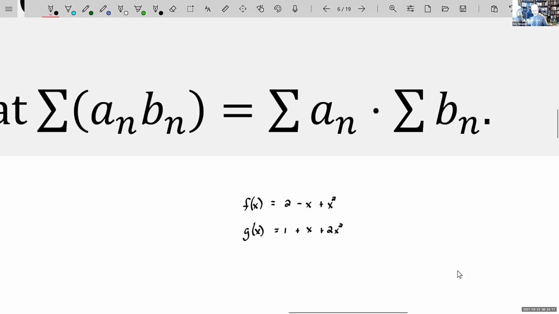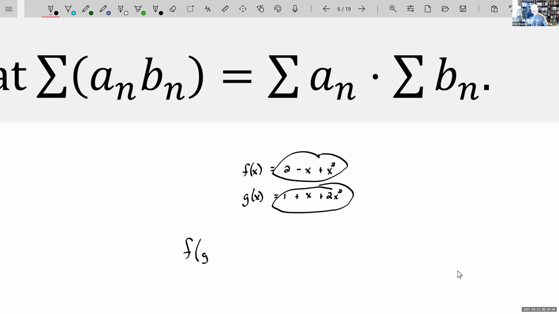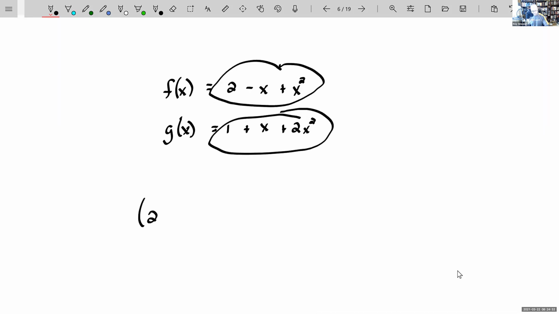You could see that summing up these values and multiplying it by the sum of these values, well, that would be f times g. That's what f times g is. So that would be 2 minus x plus x squared times 1 plus x plus 2x squared.